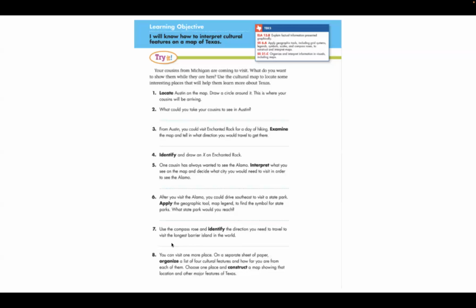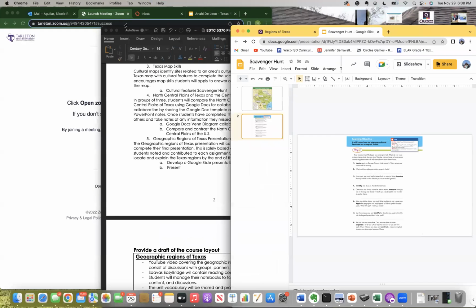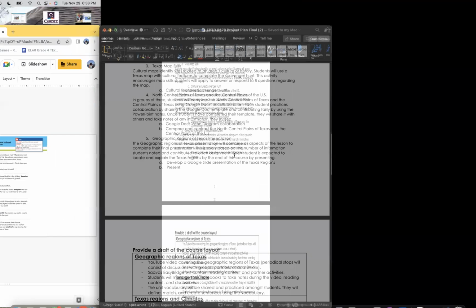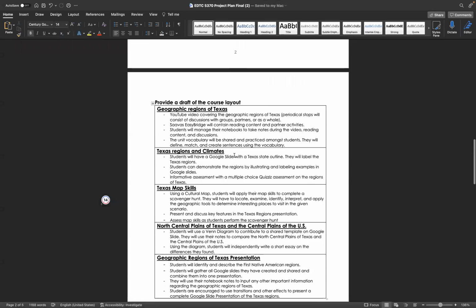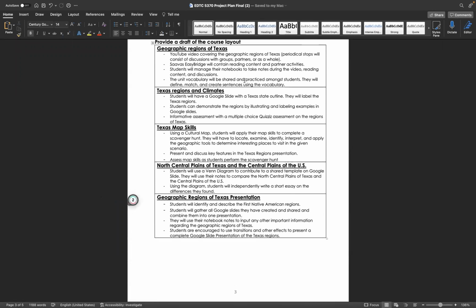They really liked it. They shared some of the experiences they had in Austin, even San Antonio, and traveling to Mexico. And we talked about some of the climates and landforms that they see in other places as well. This is the course layout. It just reinforces the activities and assignments that we did.